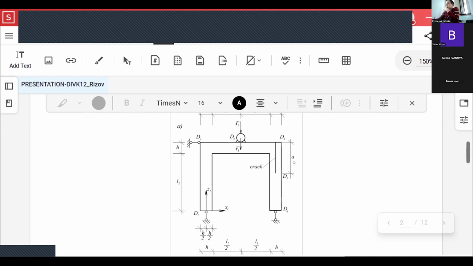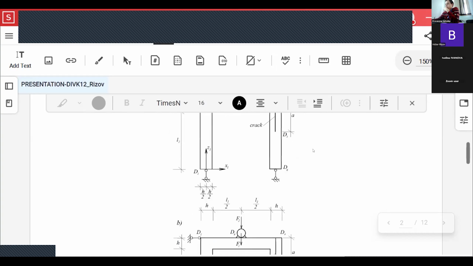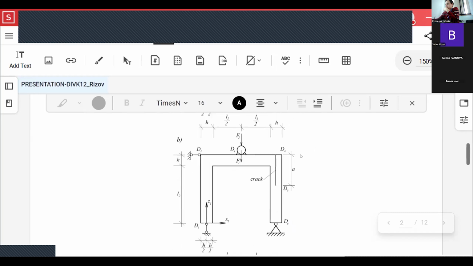The frame in figure 1B, this one, is supported by 2 links, 1 vertical link in point D1 and 1 horizontal link in point D2, and 1 pinned support in point D6.